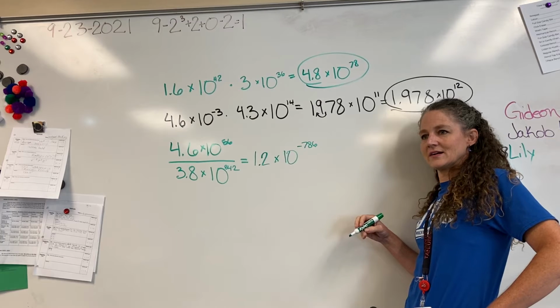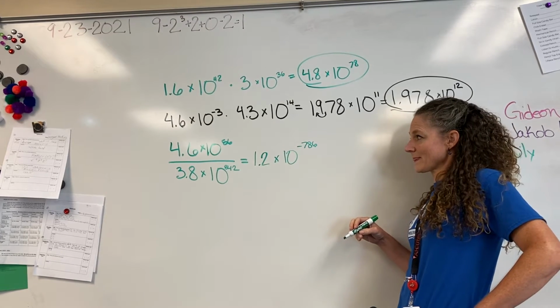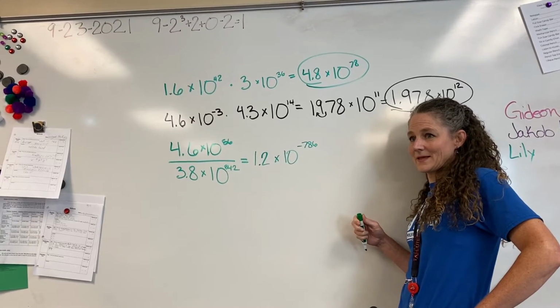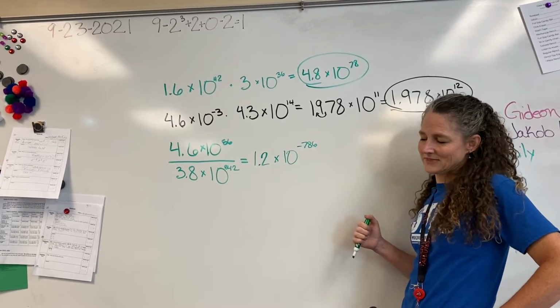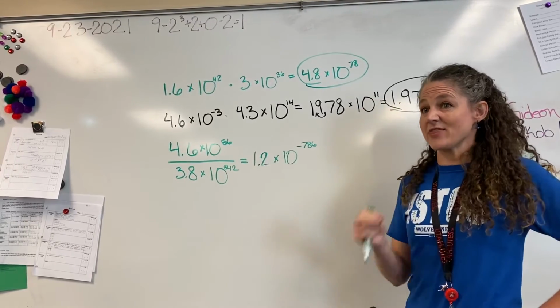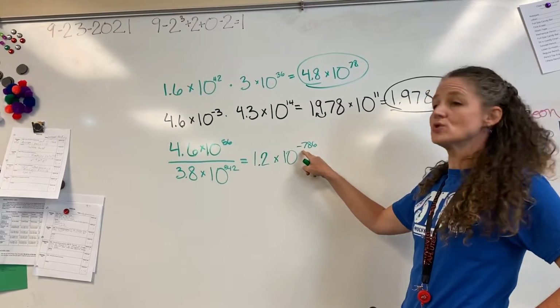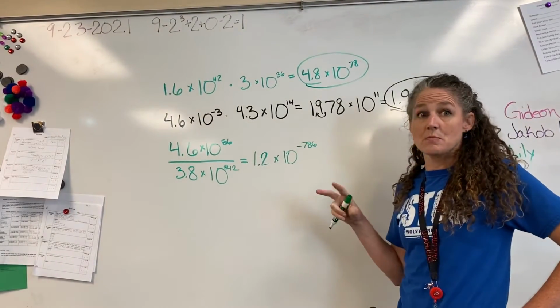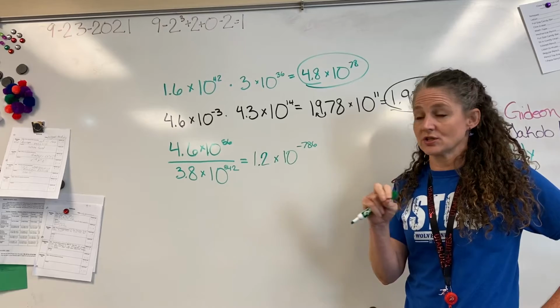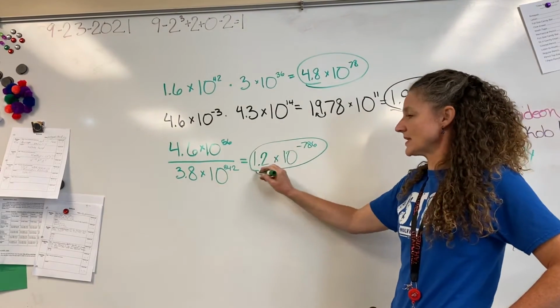Sophie, you put the 10 to the negative 786 on the bottom. I love that you said that. In every other exponential problem, it is in simplest form when you do not have a negative exponent. But in scientific notation, we keep it in a straight line and we accept the negative exponent.